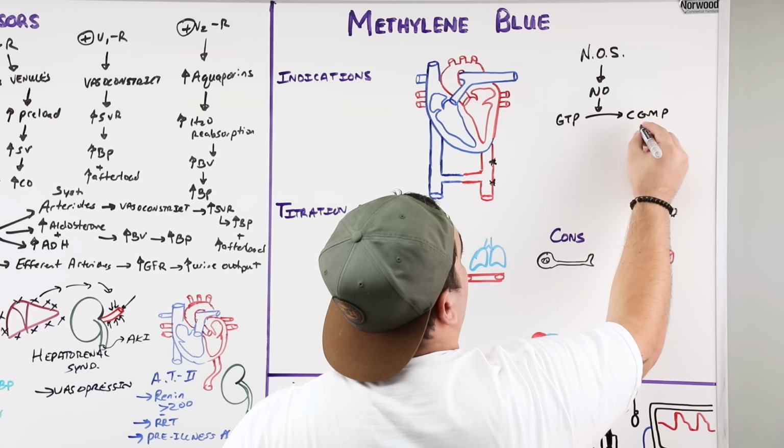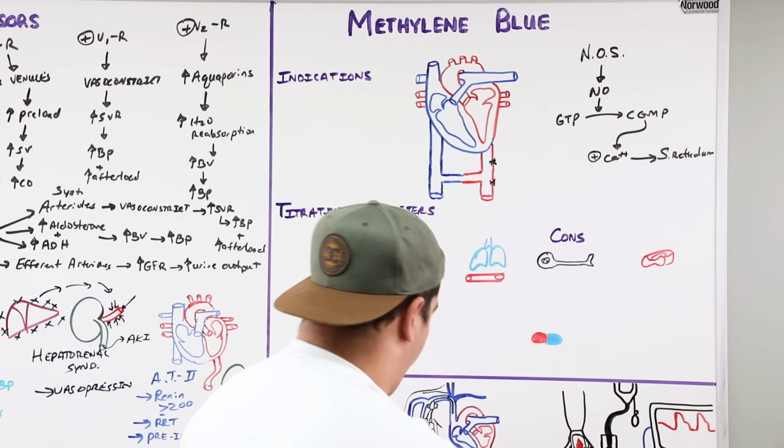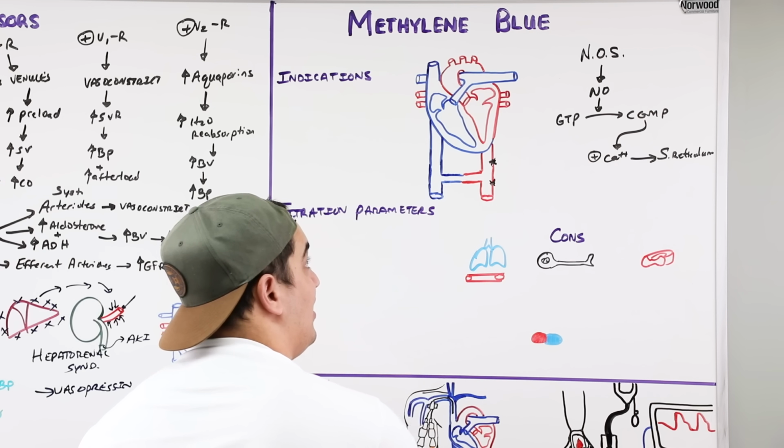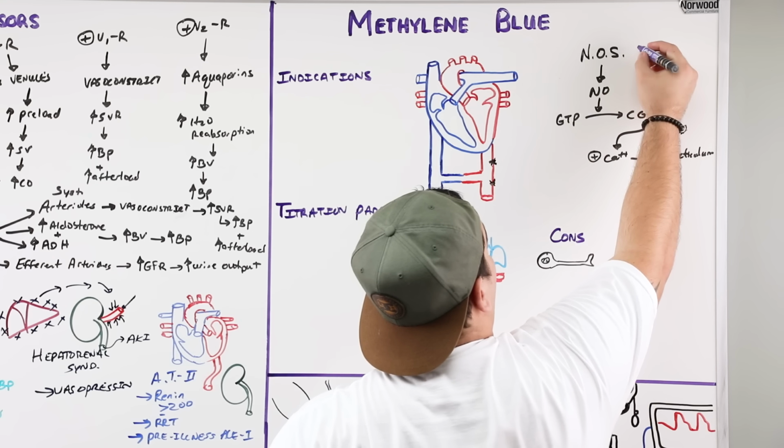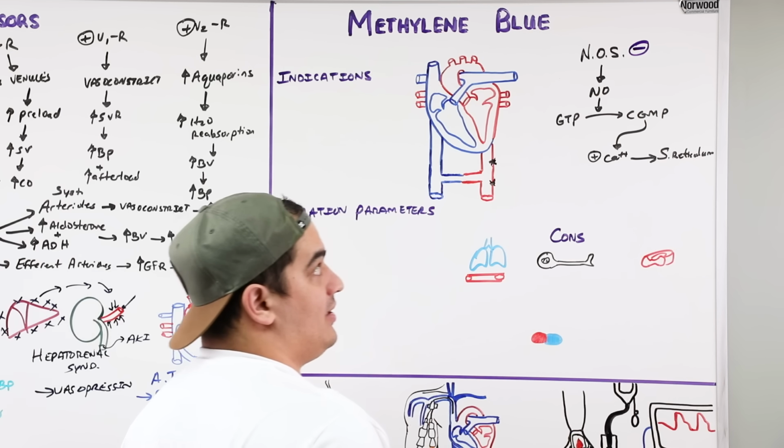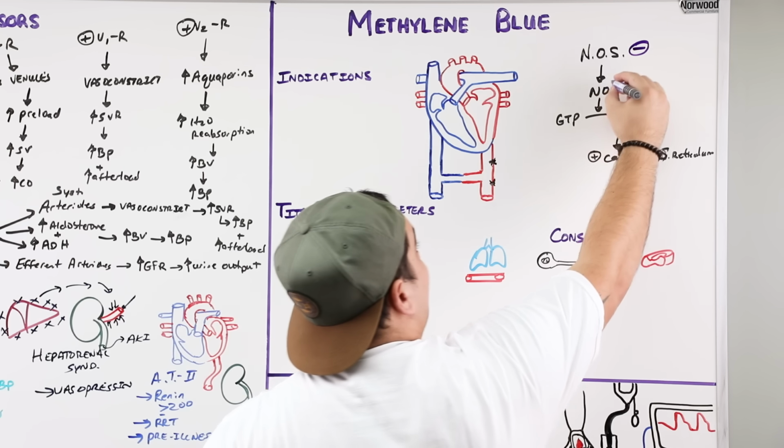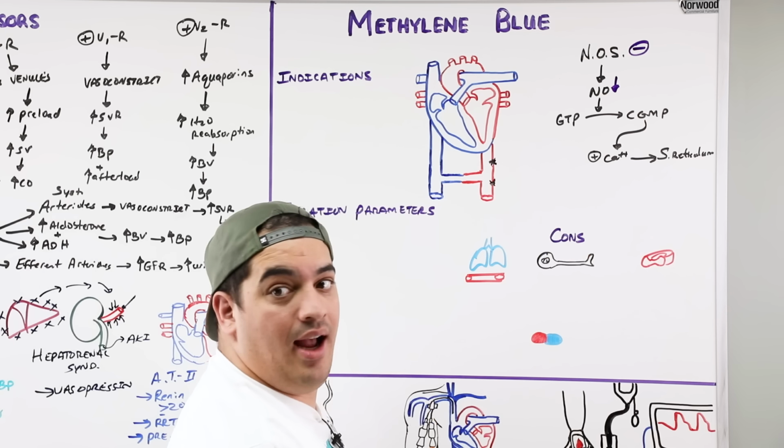Now, here's where it's really interesting. You give someone Methylene Blue. What Methylene Blue does is it inhibits this nitric oxide synthase. That decreases the amount of nitric oxide.